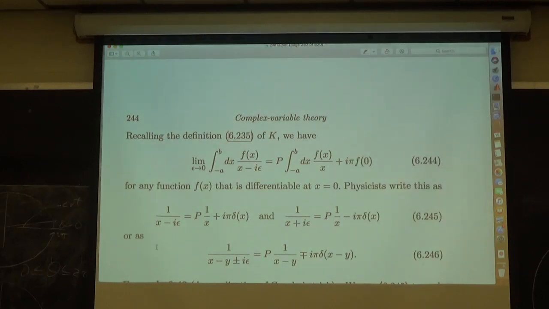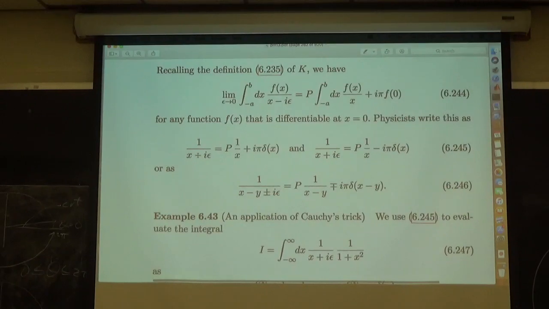And of course, if you flip epsilon to minus epsilon, you get this expression here. I say of course, but all right, you just take the complex conjugate of the first equation and you get the second equation. That's one way of thinking about it. And notice that x could be any real number, so it can be x minus y.